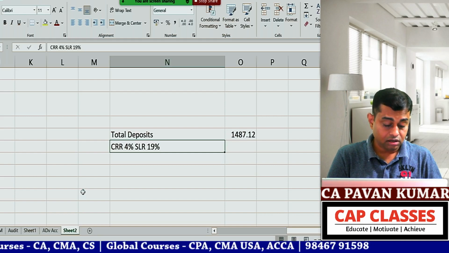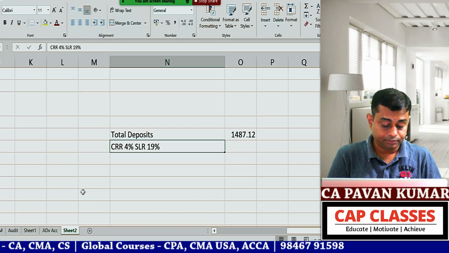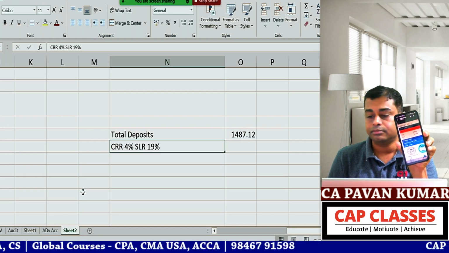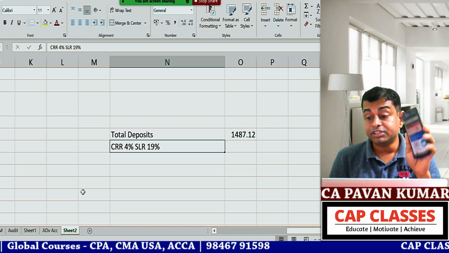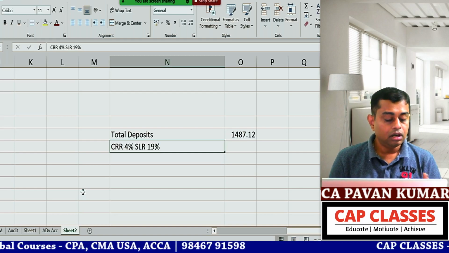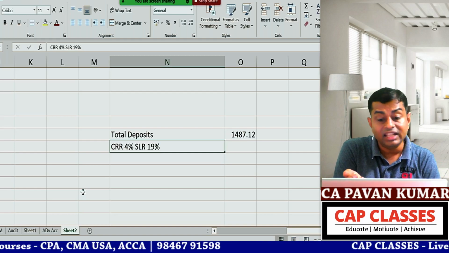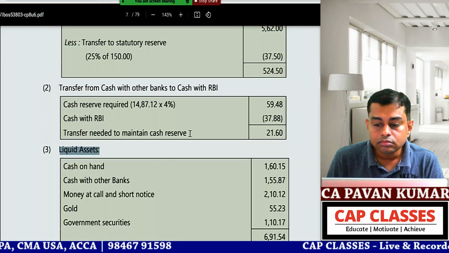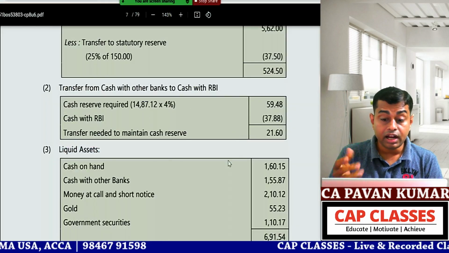Oh, on the RBI website they have given 4 and 18. Now let us see in the problem how much they have taken. I think they might have taken 19%.